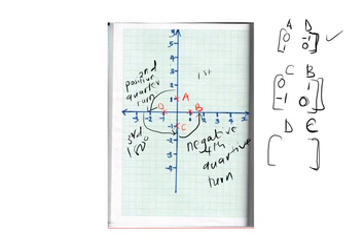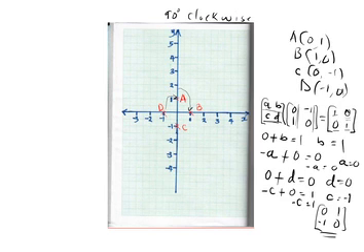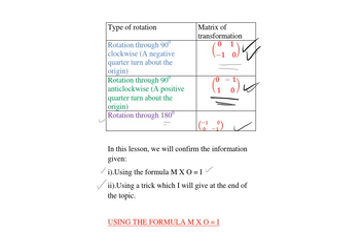So D is -1, 0, and C is 0, -1. We can confirm that one from the given information, and true to it. That is the matrix of transformation representing rotation through 180 degrees.